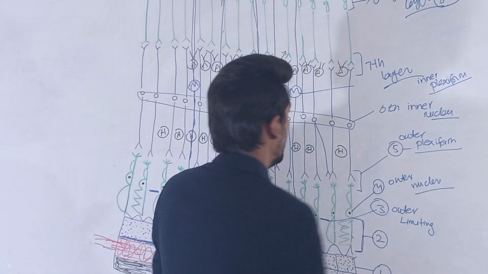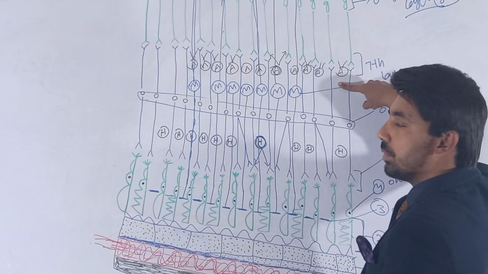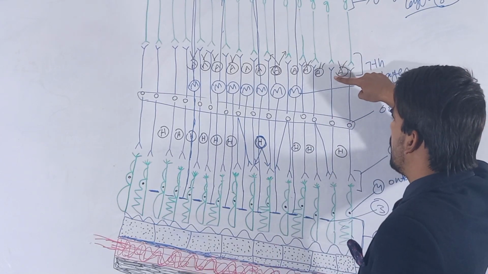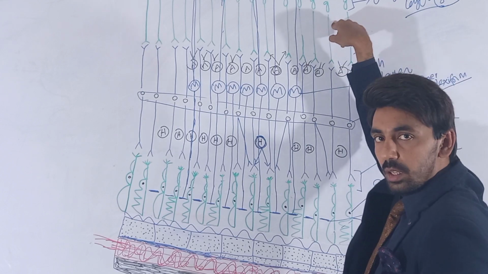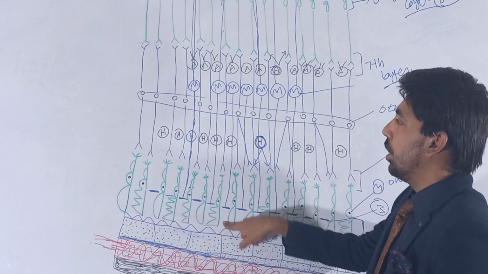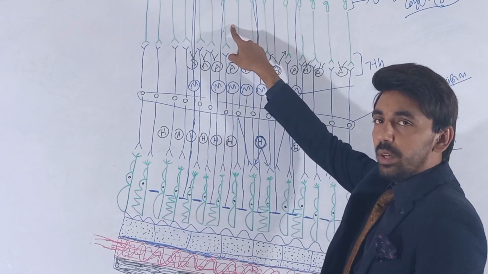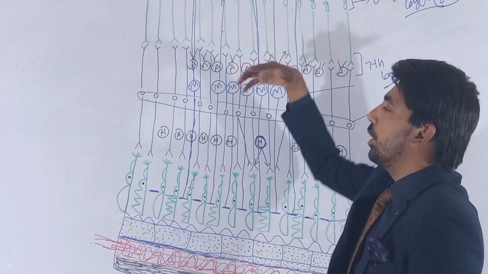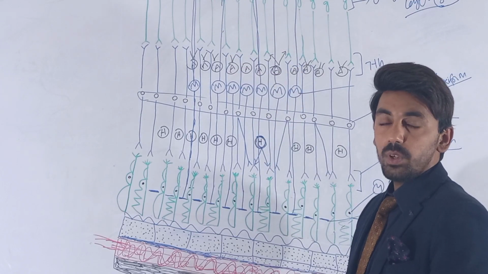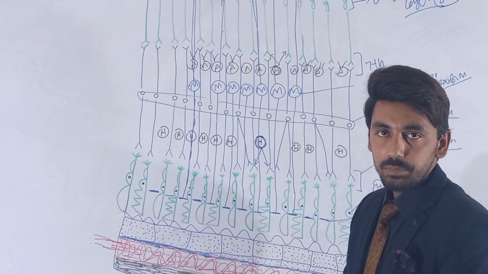Glutamate is also helpful in conduction of the local potential from the bipolar cells towards the ganglionic cells. So from photoreceptor cells to bipolar cells and from bipolar cells to the ganglionic cells, the neurotransmitter for conduction is glutamate.